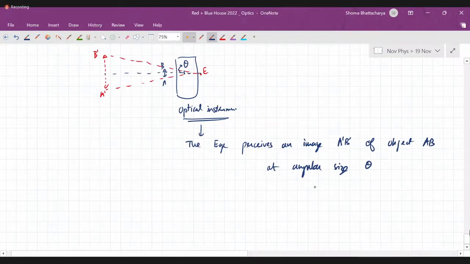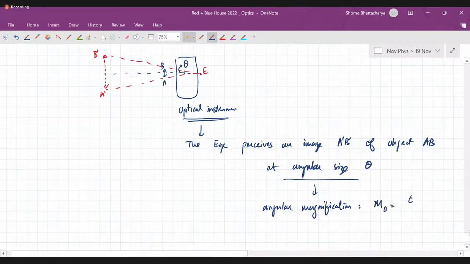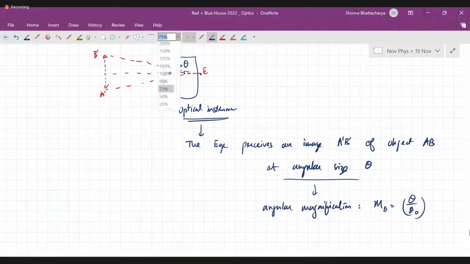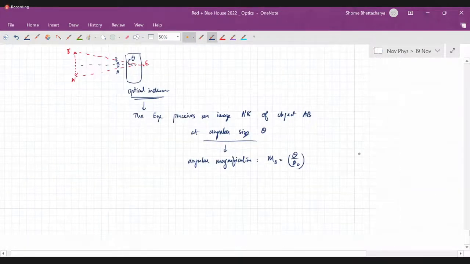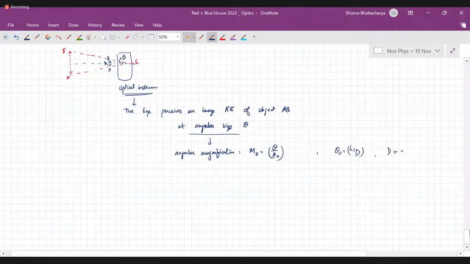So the corresponding angular magnification that the instrument has achieved is this angular size with respect to the reference angular size, where the reference angular size was the height of the original object divided by capital D, where D is about 25 centimeters. We will see that there are different ways in which we can achieve angular magnification.